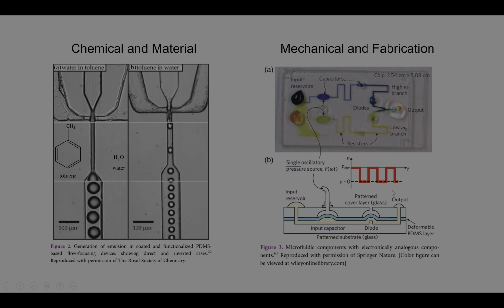Another is the diode: when we apply the vacuum, it will allow the fluid to flow. Then we get the output in the end, and this is the deformable PDMS layer.